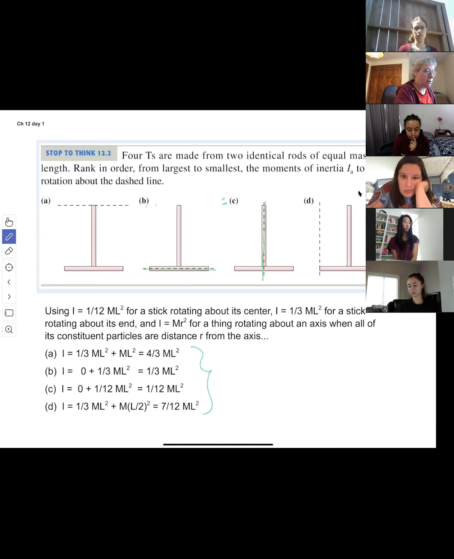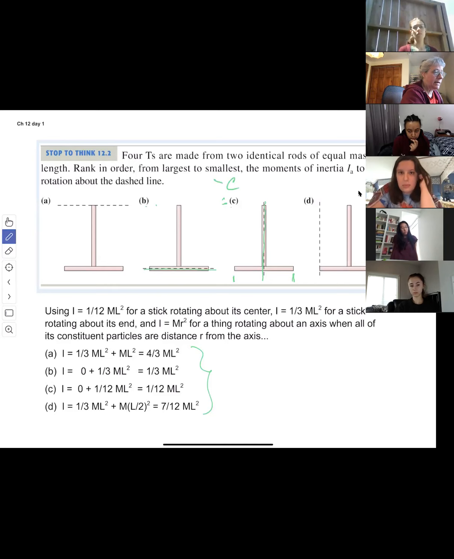But if I compare those two, in C most of the mass is within half of a rod's length, so this mass is still relatively close to the axis. But if I'm rotating around this axis instead, some of this mass is way far away and it's r squared, right? So I would argue that we've got a pretty good reason to say that C should be the smallest.